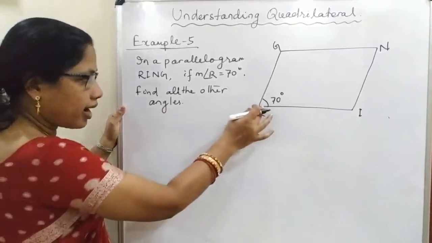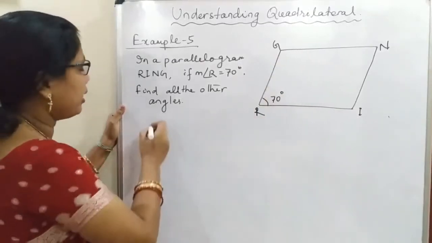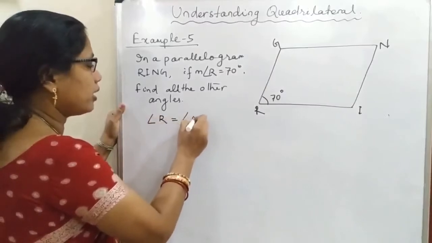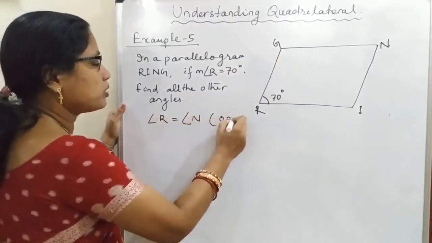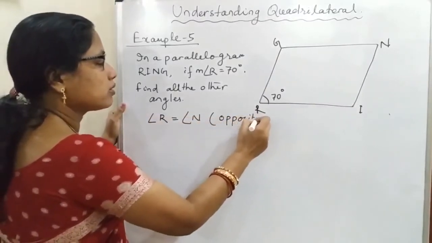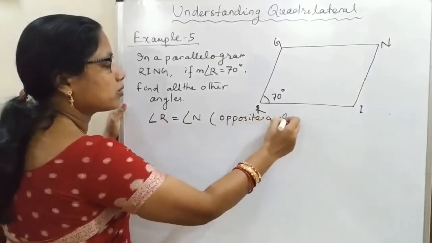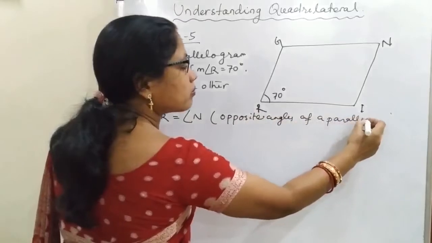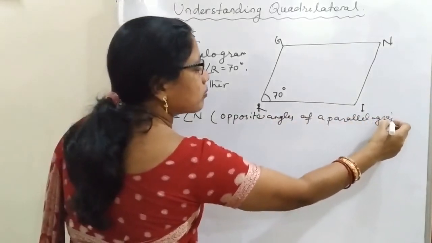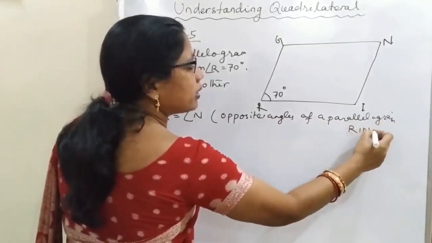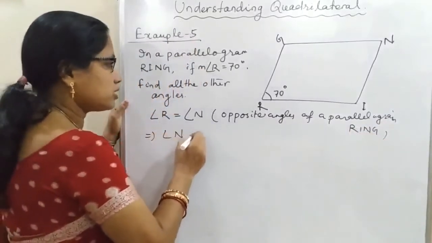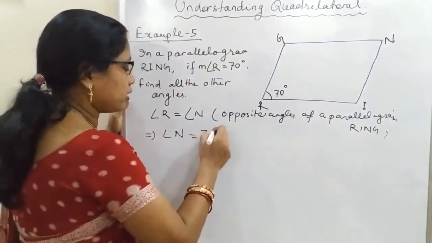So angle R is opposite to angle N. So angle R is equal to angle N. That means opposite angles of a parallelogram RING. So this implies angle N is equal to 70 degree.